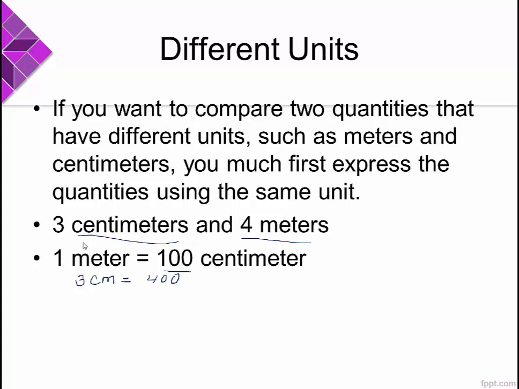So if I have 4 meters, I actually have 400 centimeters. So my ratio is 3 centimeters to 400 centimeters.